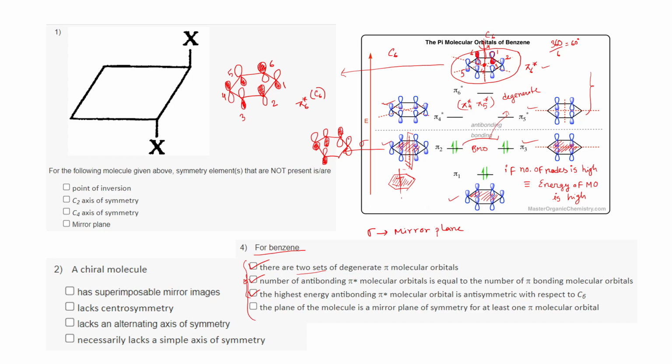The positive lobe will go up. So what do you think? Are these pi 2 and pi 2 after sigma the same? Only after doing sigma, you can't rotate it. Means after only doing sigma, are they the same? No, right? So sigma is not a symmetry element for pi 2, and similarly for pi 3.